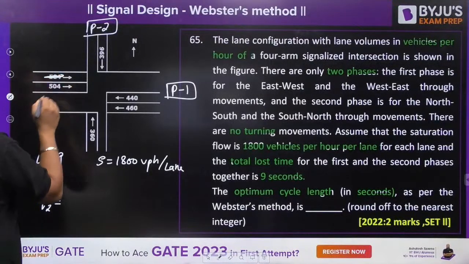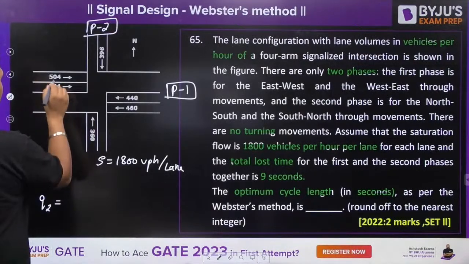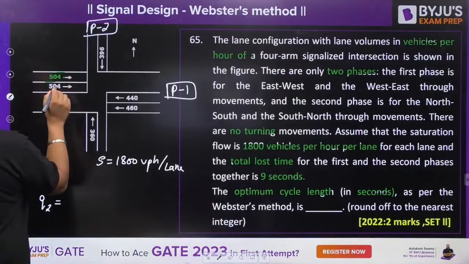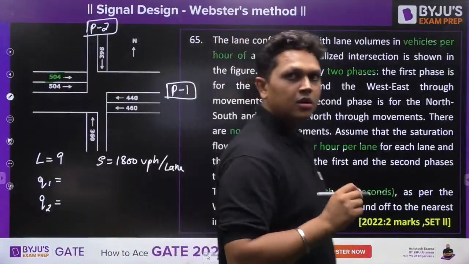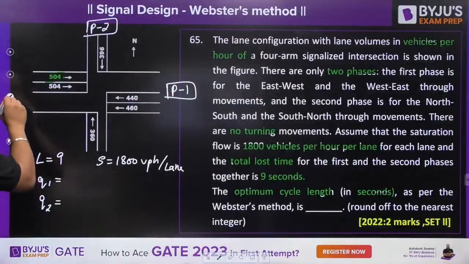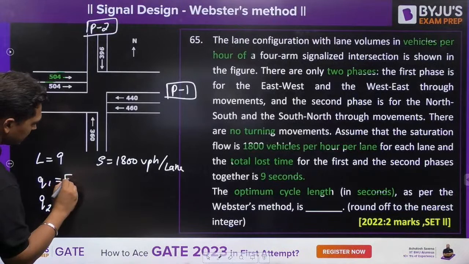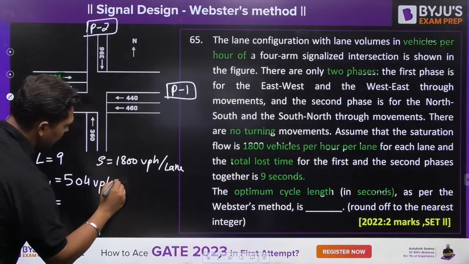So I will take 504 as the maximum value. No, you will not take the minimum value. You will take the maximum value. So it will be taken as 504 vehicles per hour per lane.